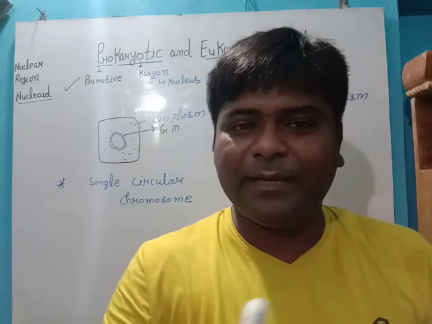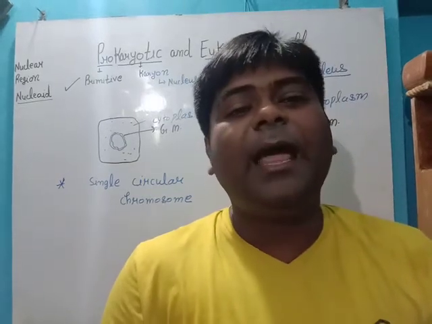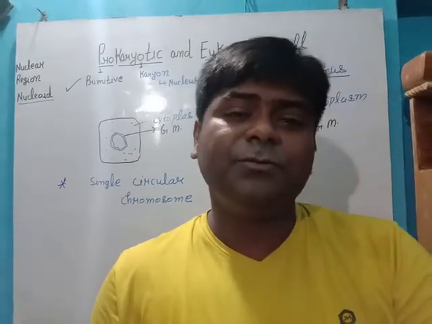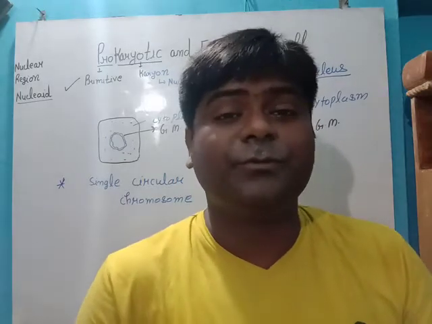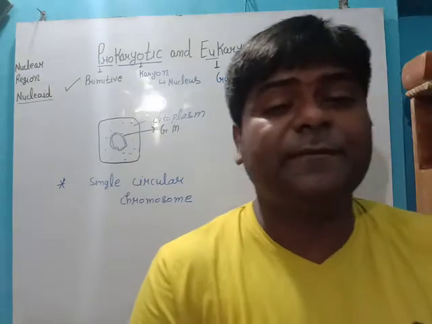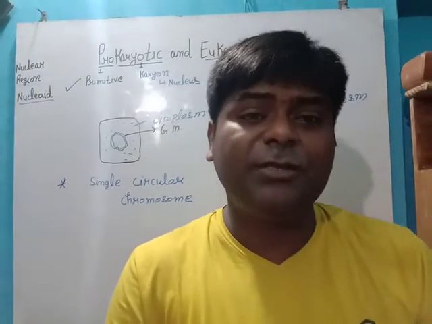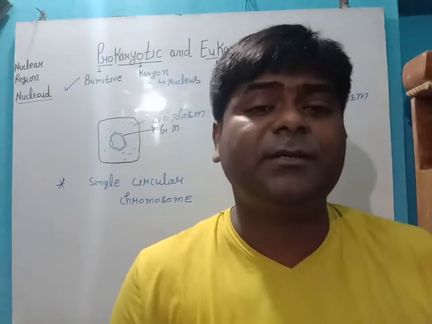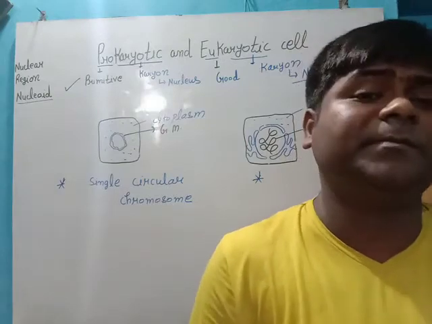In case of the eukaryote we have linear chromosomes, linear DNA. That is the biggest difference. We have a change in the nature of the structure of the chromosomes as well.